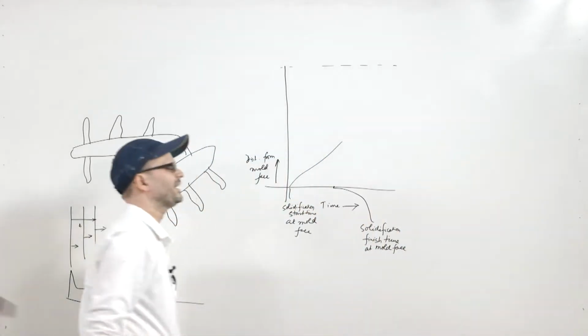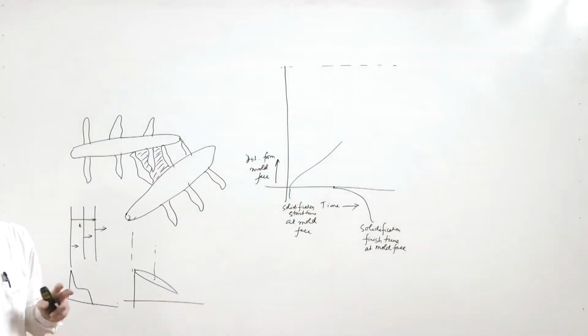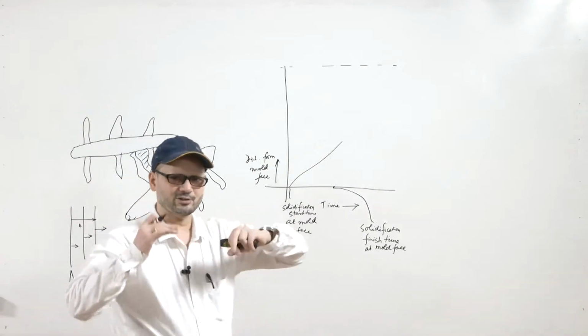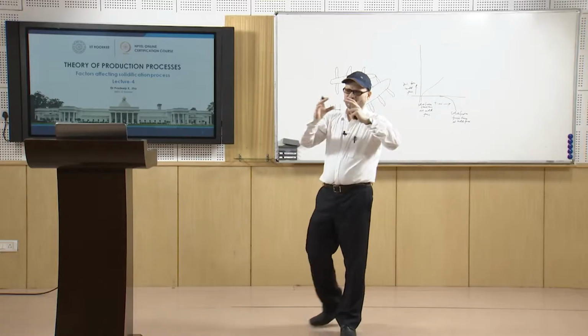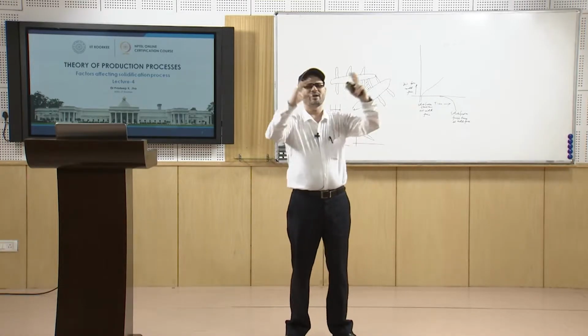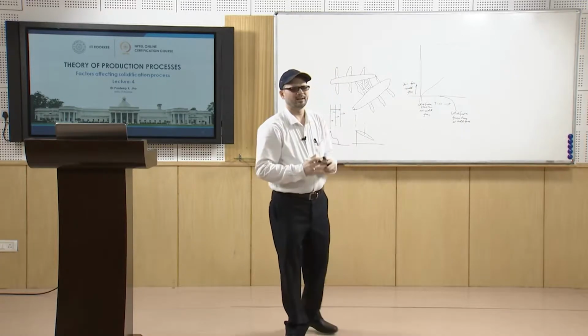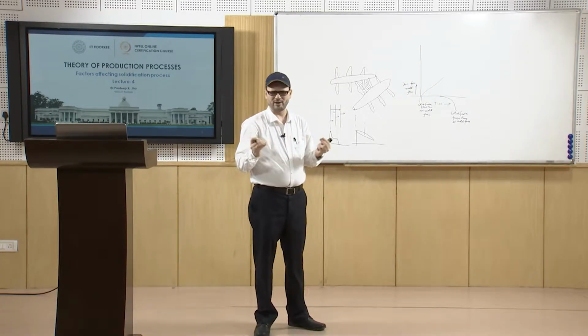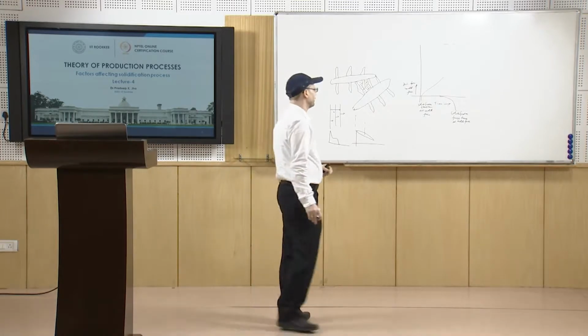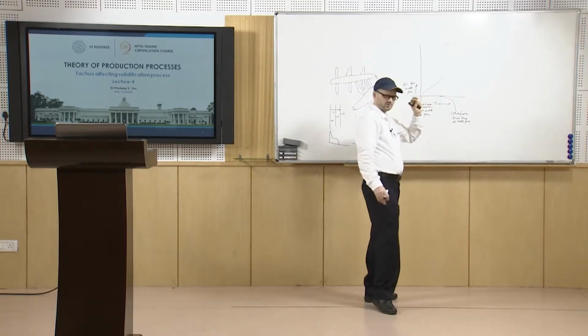Suppose you have taken a sand mold. There have been experiments where you have the mold and the liquid metal, and at every point you place a thermocouple, which gives you the temperature readings.